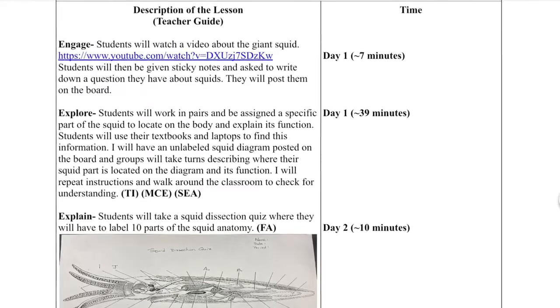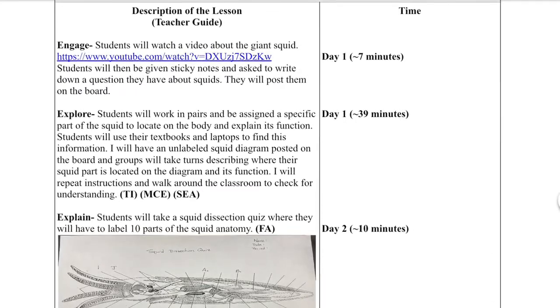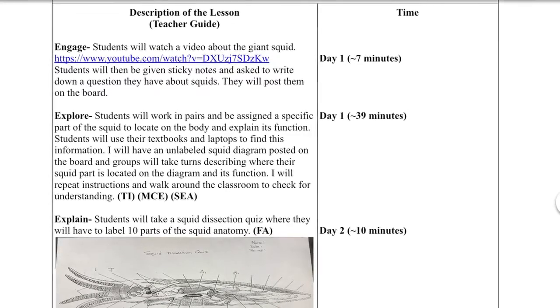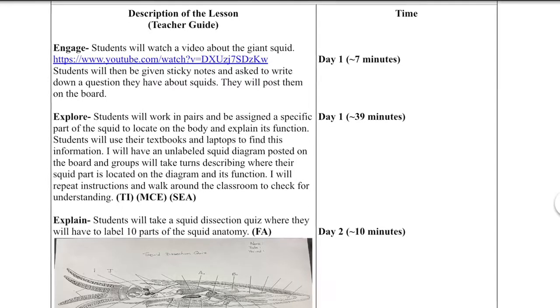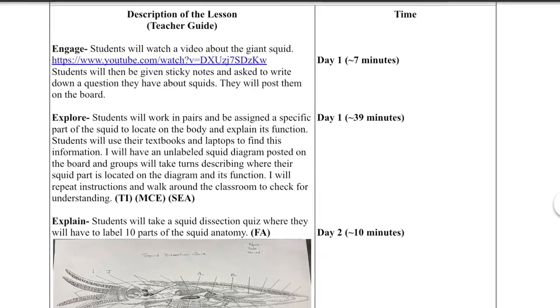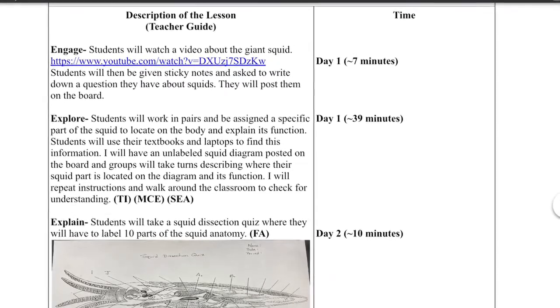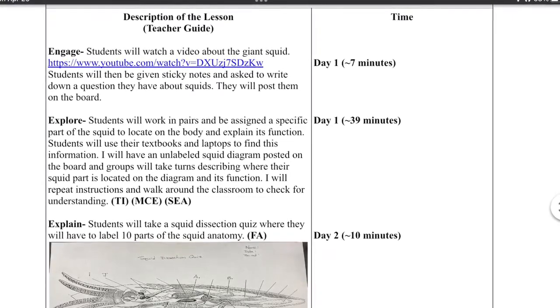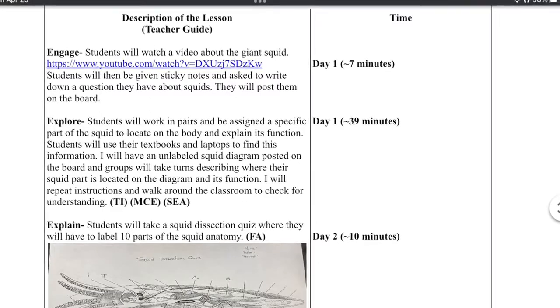And up front, we'll have an unlabeled diagram of the squid, and after about 40 minutes, we'll have the students each present in groups the body part they were assigned, and then while they're describing it, we'll write it down on the board as well as the location of the body part. So that way they can work together to help fill it out.